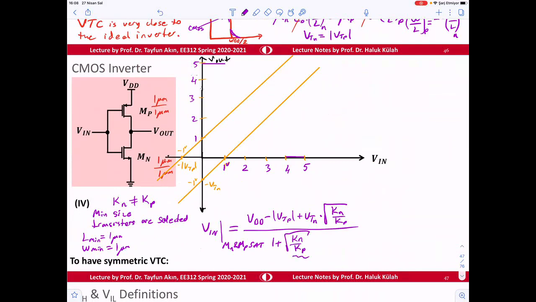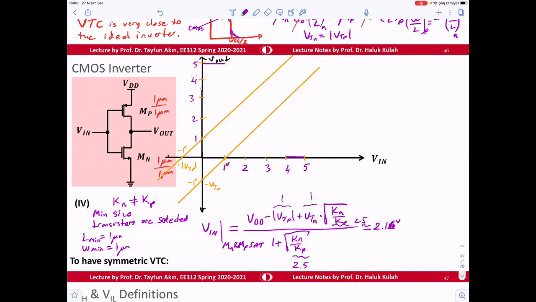If you select VDD to be 2.5, and this one is 1 volt, and this one is 1 volt, this will be about 2.16 volts or so.